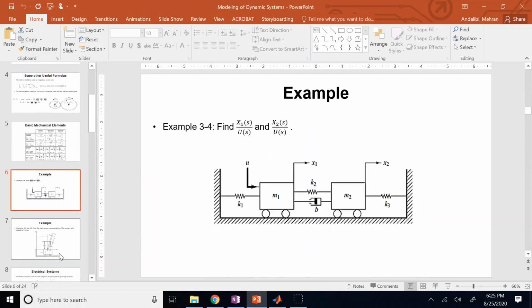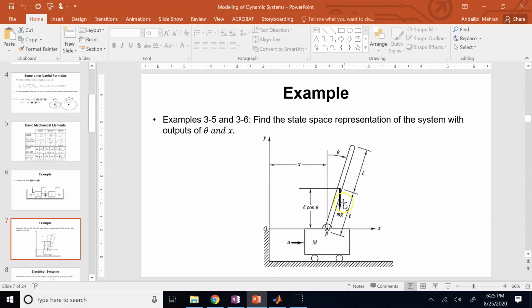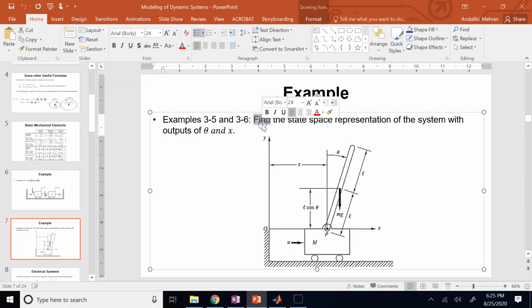So now I want to go through a couple of examples which force us to go back into dynamics and draw FBDs, free body diagrams, and then apply Laplace transform, and then find transfer functions, and then we do an inverted pendulum on the cart, and then find the state space representation of that.